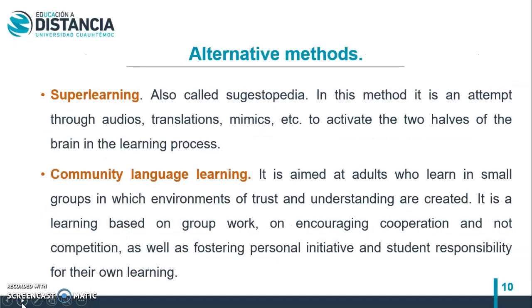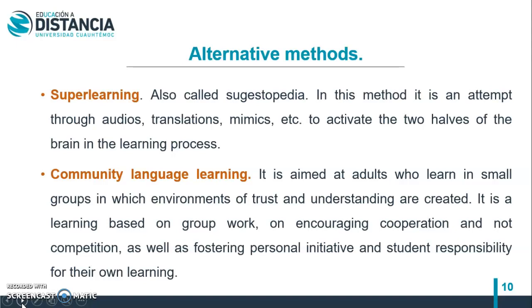I found this alternative method that is in use in Germany, and for me it's interesting because, for example, the first super learning in this method is attempted through audios, translations, mimics, etc. to activate the two halves of the brain in the learning process. Other method is the community language learning.